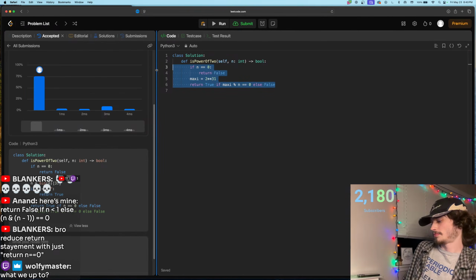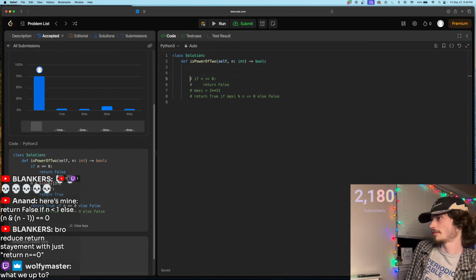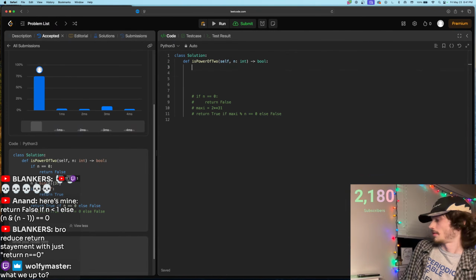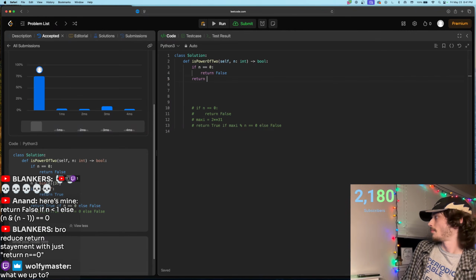Hold on. I gotta see if this works. So you do return bin n, you slice off the first 3, and you say it's equal to a blank string.